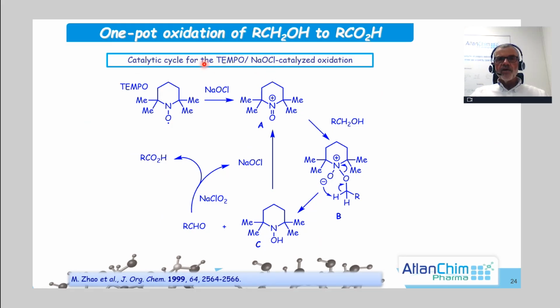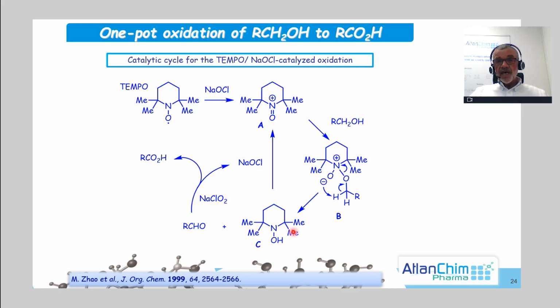The catalytic amount of sodium hypochlorite oxidizes the TEMPO radical to the N-oxoammonium ion A, which in turn rapidly oxidizes the primary alcohol to aldehyde following this intermediate B and gives hydroxylamine C. The aldehyde is then oxidized by sodium chlorite to the carboxylic acid, and sodium hypochlorite is regenerated.